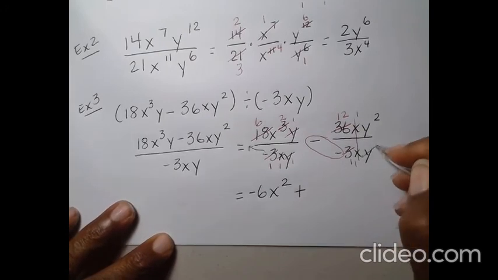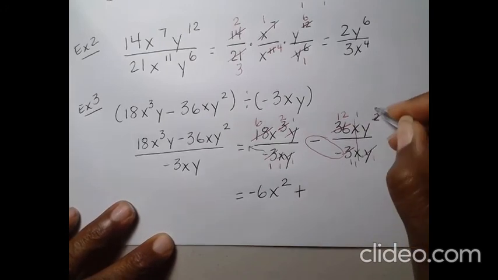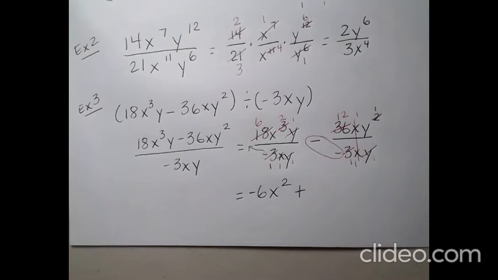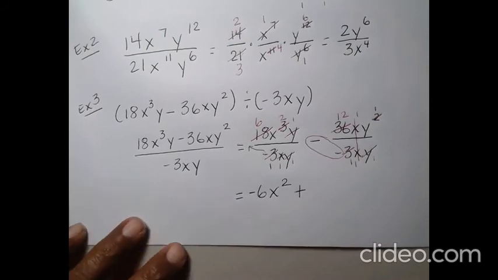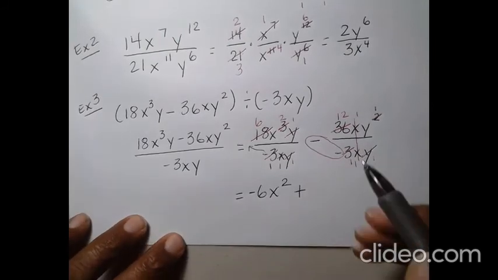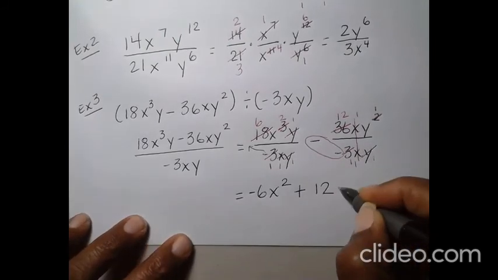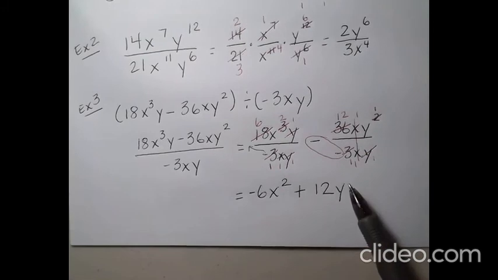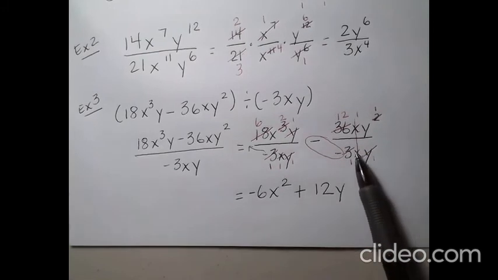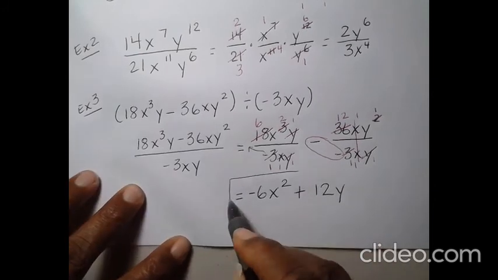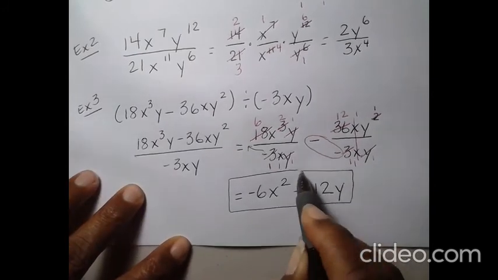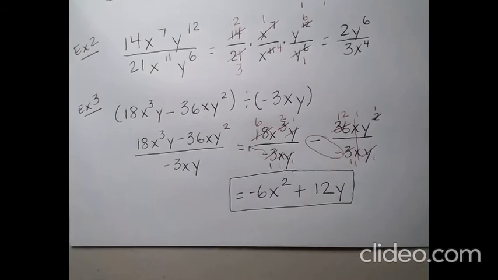And the y's, y goes into y once, y goes into y squared leaves a y there. So what's left here is 12 and a y. The denominator, the 3, the x, and the y, all are reduced down to 1. So our answer then is negative 6x squared plus 12y.